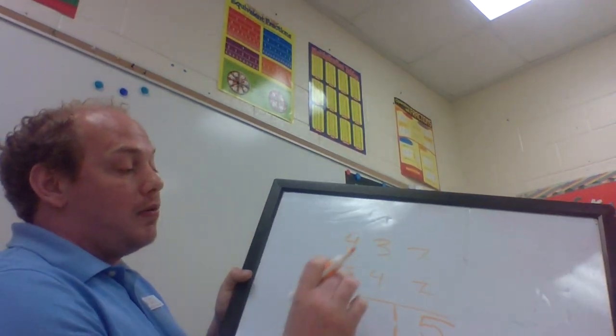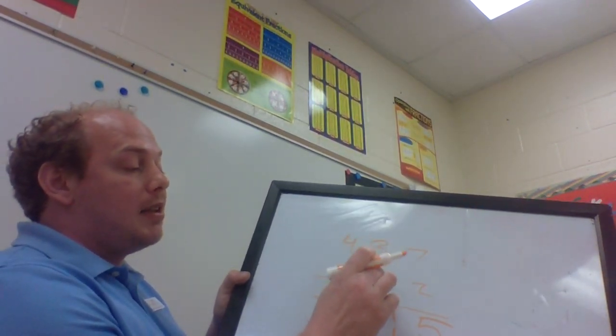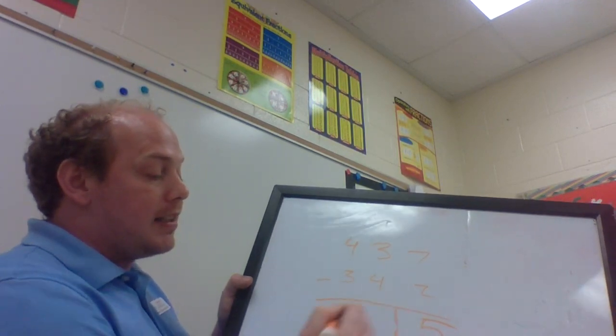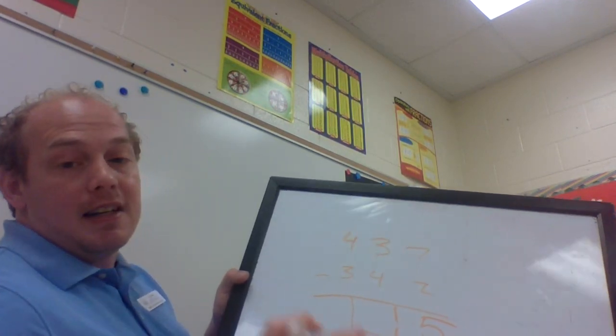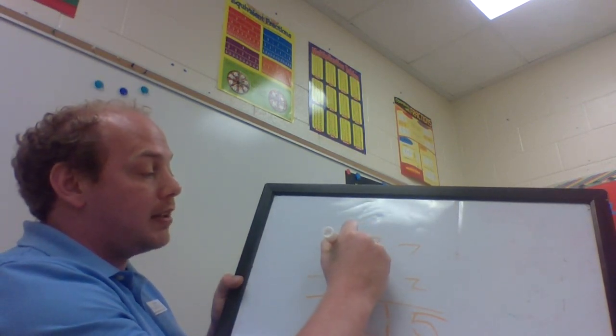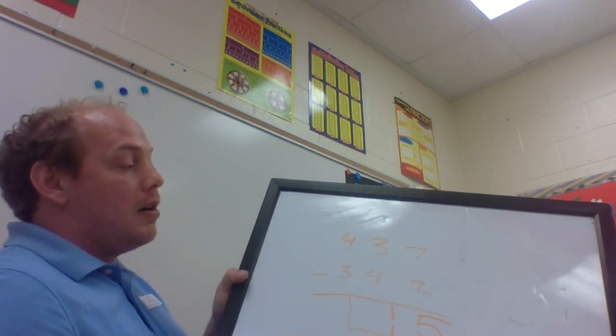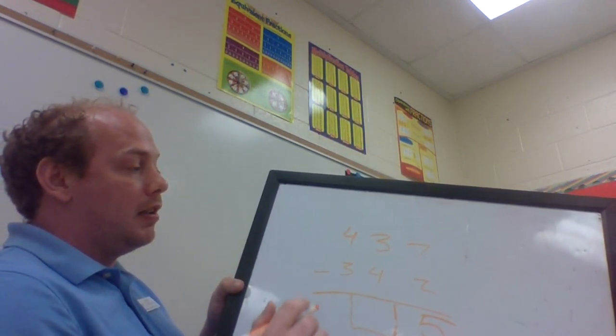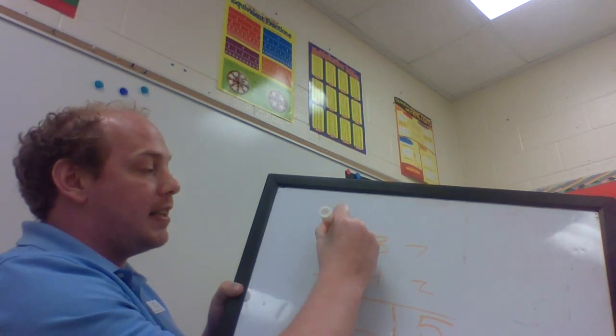7 minus 2 is 5. Now, we move to the tens place. Is the bottom number bigger than the top? And in this case, the answer is yes. So we're going to go next door. We walk next door. We knock on the door. 4, can I borrow a cup of sugar? The 4 says yes.